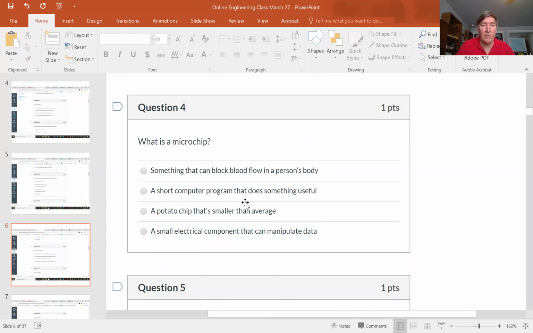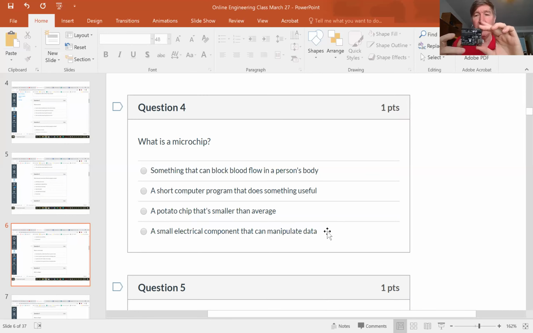All right, next one. What is a microchip? A microchip is the last one down here. It's the small electrical component that can manipulate data. So let's see, where did I put my Arduino? I had an Arduino sitting out here a moment ago. Oh, here it is, okay.